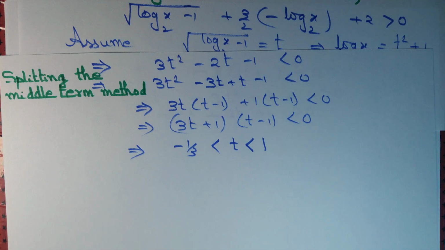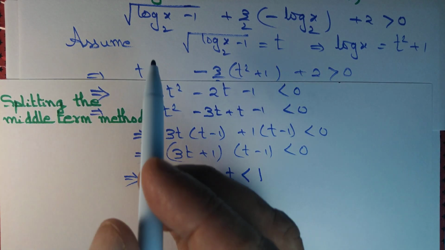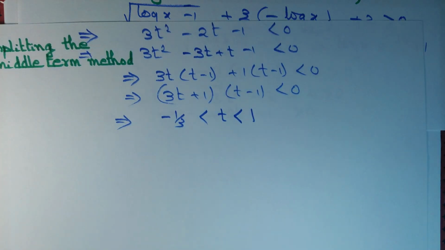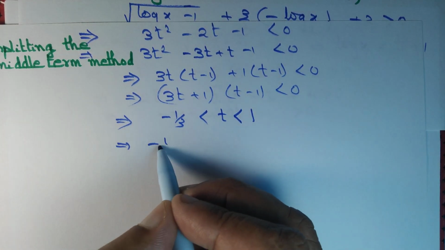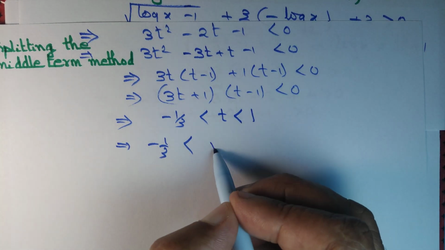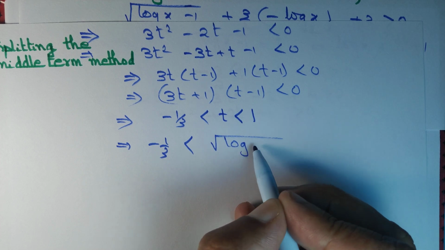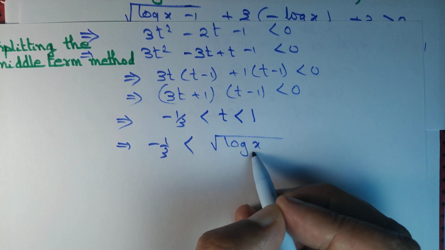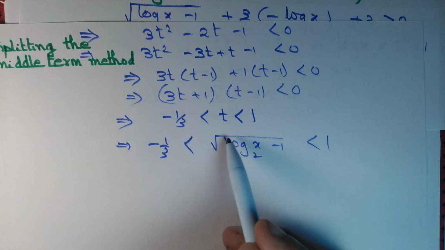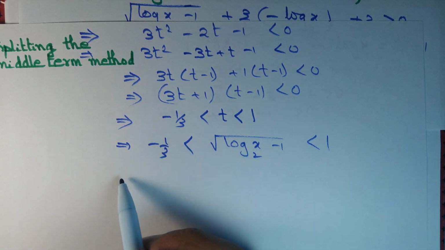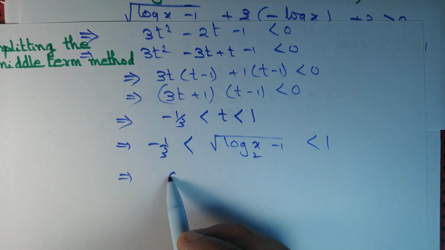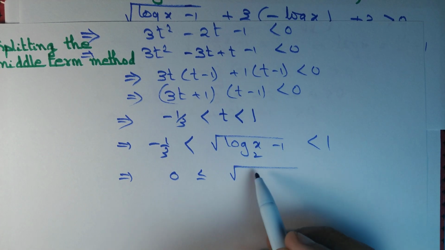But we are assuming t equals square root of log x minus 1. So that implies minus 1/3 is less than the square root of log of x with base 2 minus 1, which is less than 1. Of course, this quantity is greater than or equal to 0, so it's not possible that it will be minus 1/3. In fact, it will be greater than or equal to 0.